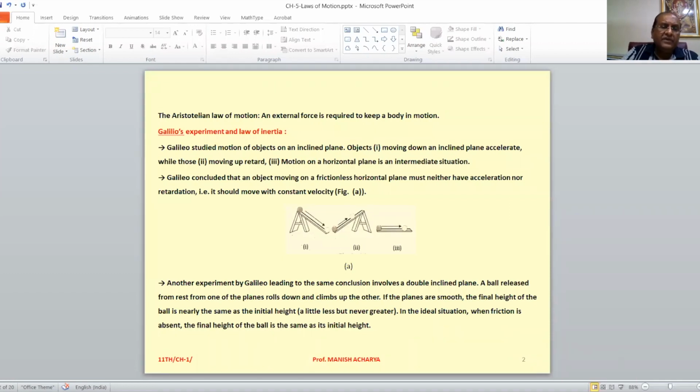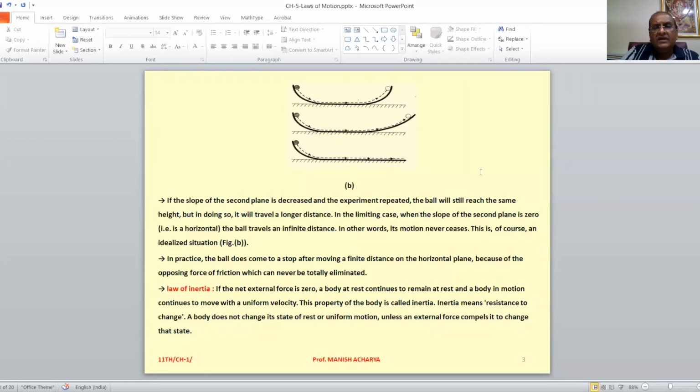Then after that, he represented another experiment in which the inclined planes were taken as shown in the figure. In the first case, the inclined planes were taken such that on both sides the height of the inclined plane is the same.